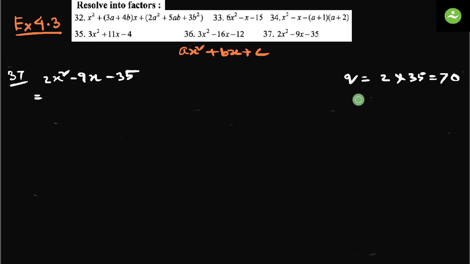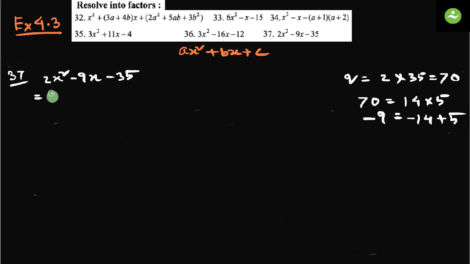Now we have to find two factors of 70 so that the product is 70 and the sum is minus 9. 14 into 5, minus 14 plus 5.